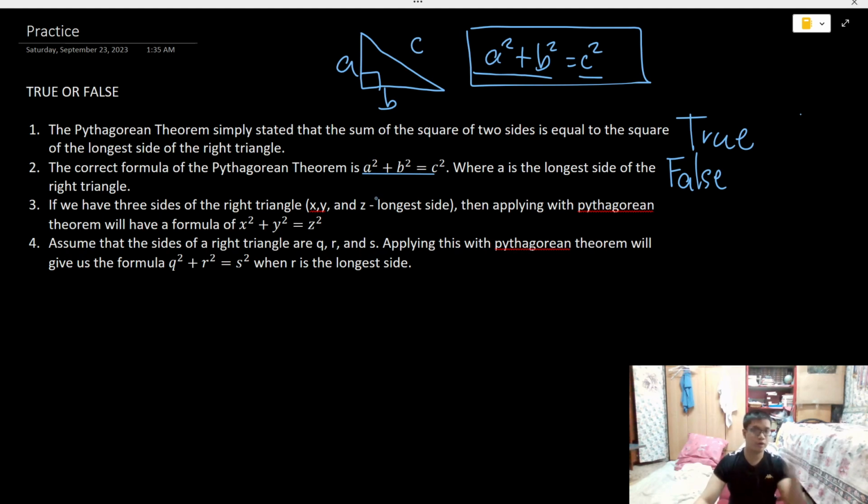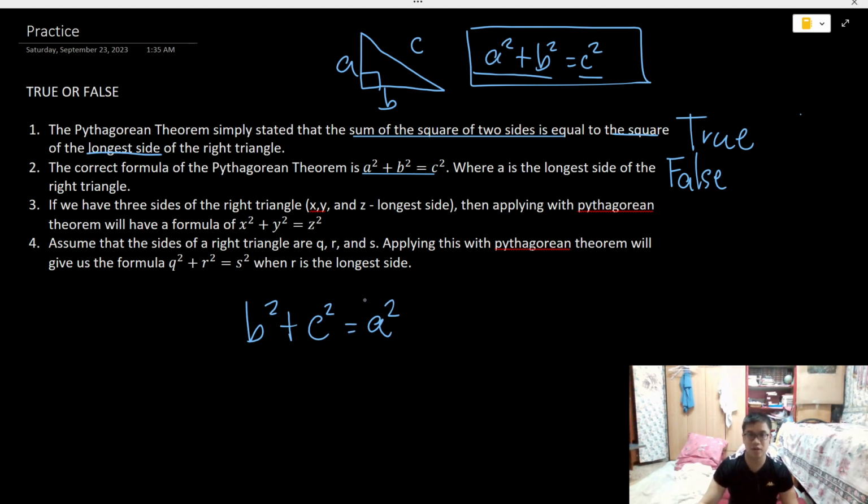According to Pythagorean theorem, the sum of the squares of two sides is equal to the square of the longest side. So if your A is the longest side, hence you will have B squared plus C squared is equal to A squared instead.